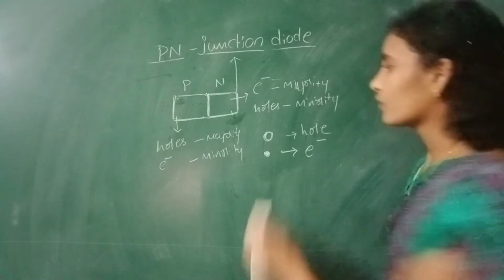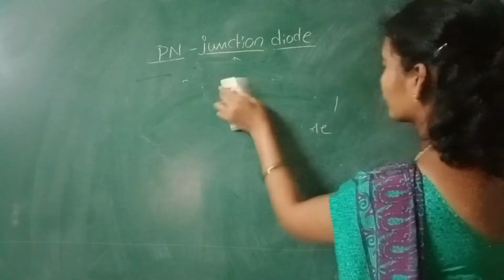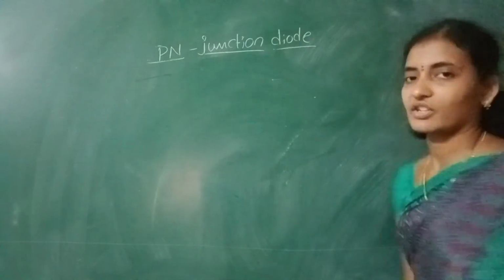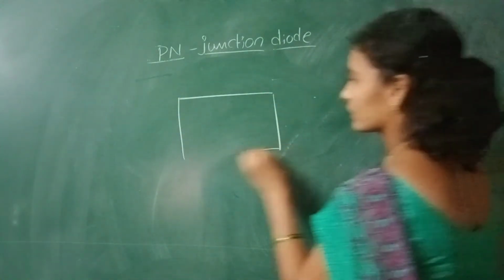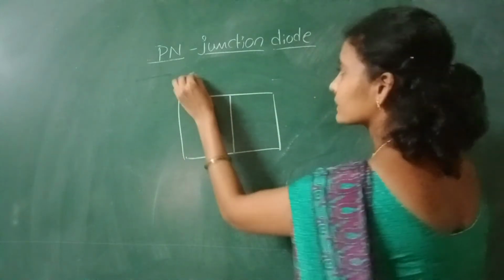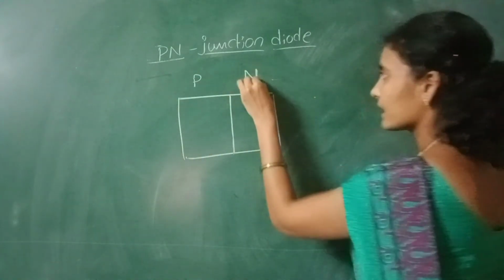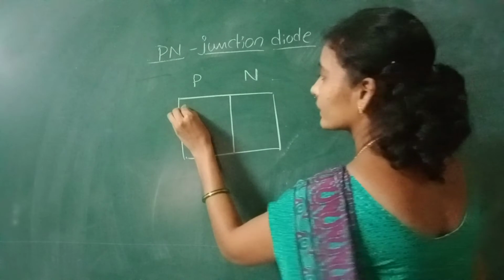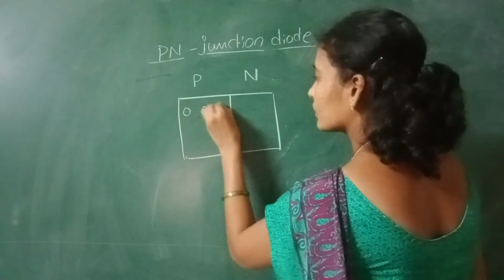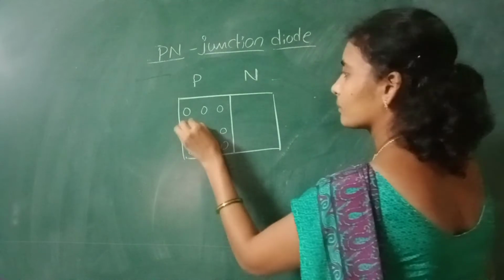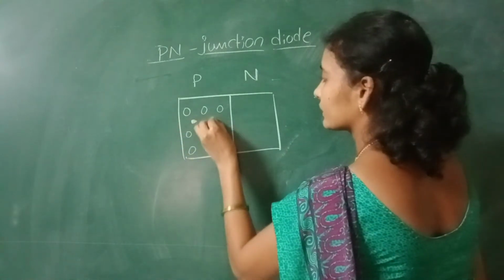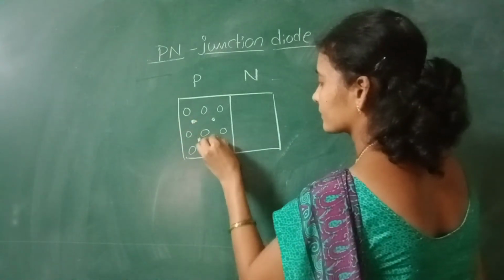Now we have to observe what will happen in the PN junction. This is the P region and this is the N region. In the P region the majority are holes and the minority are electrons.